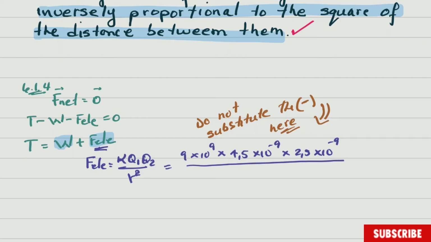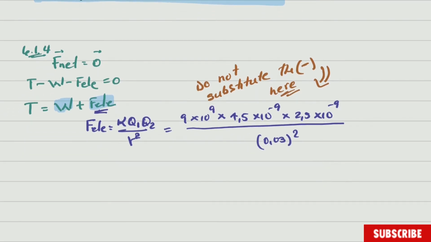Remember to not substitute the minus here, otherwise you're going to make a mistake. And the distance is 3 centimeters. Remember, you do have to convert, so you will get 0,03. Then you calculate the electrostatic force. I get that the answer here is 1,13 times 10 to the minus 4 Newton.